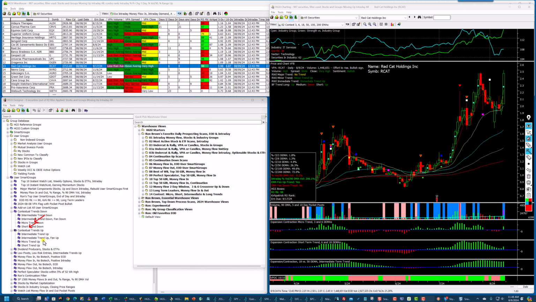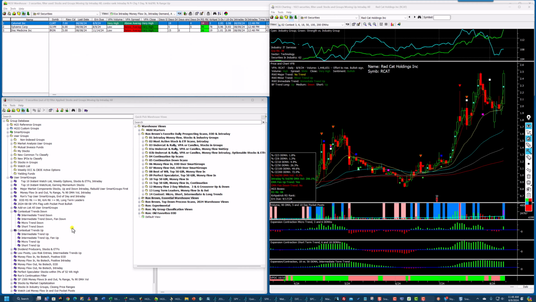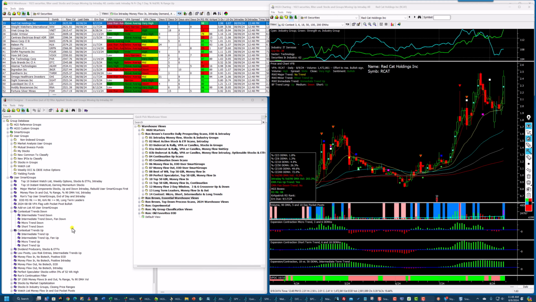Just below that I have micro trend up, short-term trend up, intermediate trend up, and then intermediate with the fan. So I can immediately tell what the context of these stocks or ETFs is just by screening with these user smart groups.